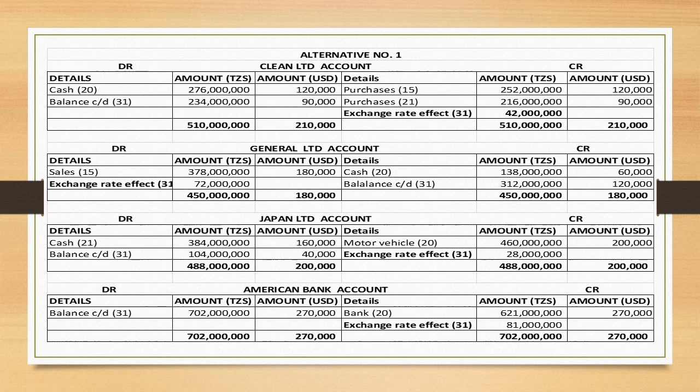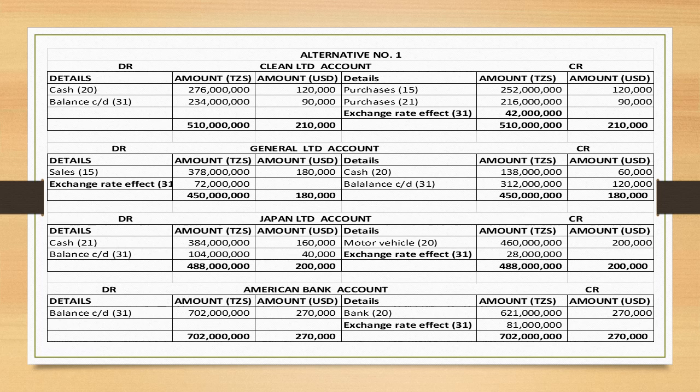If you take the exchange rate of that date, you find that it is 276 million we paid for the same amount, which was equivalent to 252. So again, we make a purchase on 21st, 90,000, which is equivalent to 216.